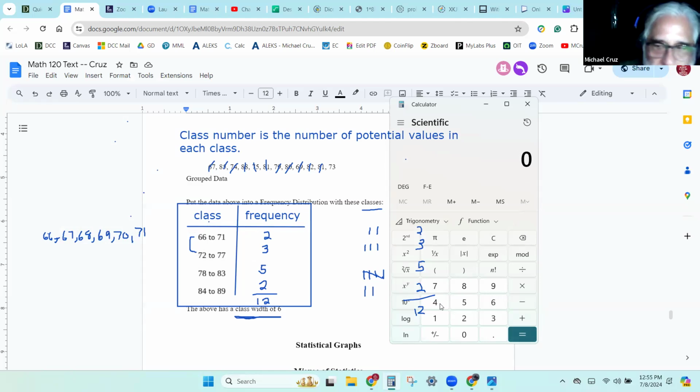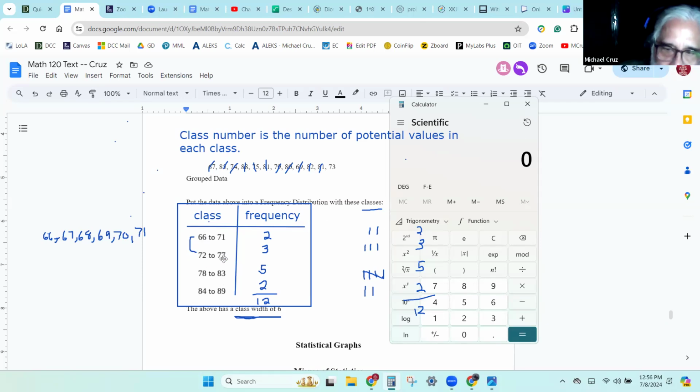And we can do that with any of them. 78 minus 72, 6. 84 minus 78, 6. We can even do it on the other side, like say 89 minus 83. Any two, these are what we call the lower class limit, and this is the upper class limit.